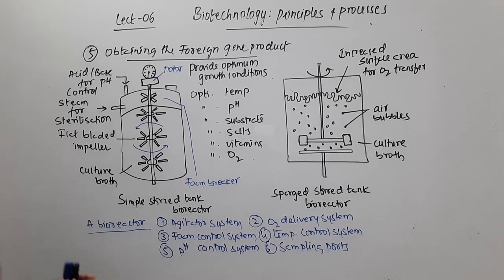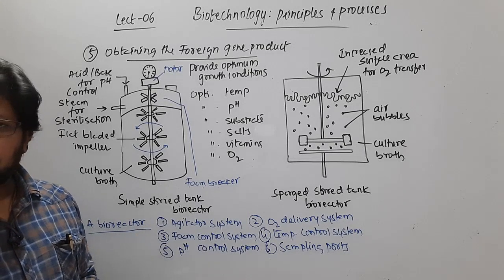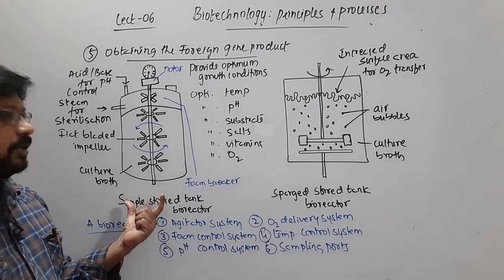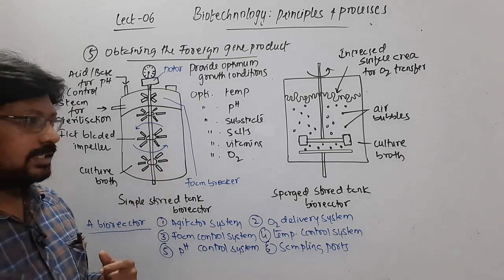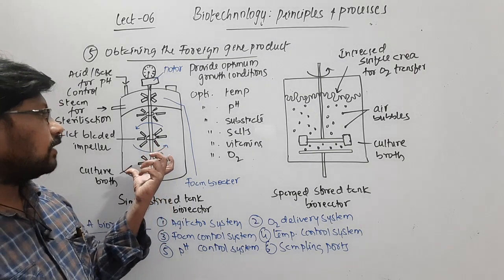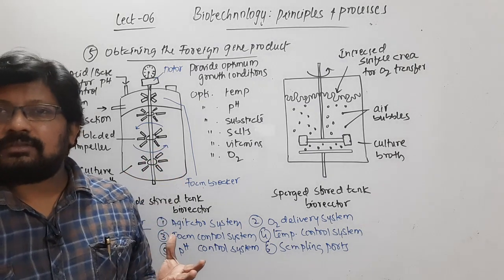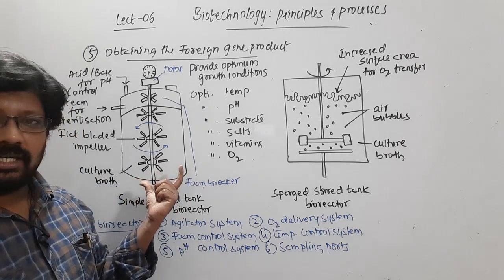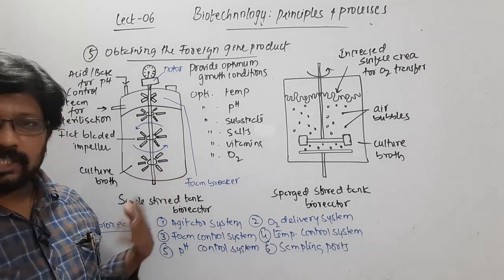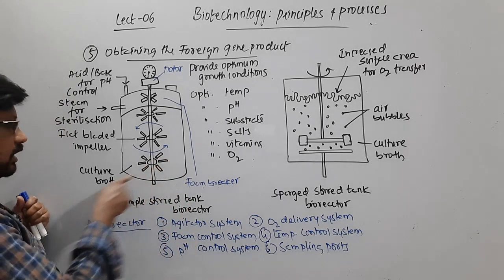Now once we grow those microbes, or the host cells or organisms, in the bioreactors, say, as I have taken the example of insulin, I have grown the bacteria that have the rDNA consisting of the insulin gene, and that gene got expressed and produced insulin, which is released into the culture broth.